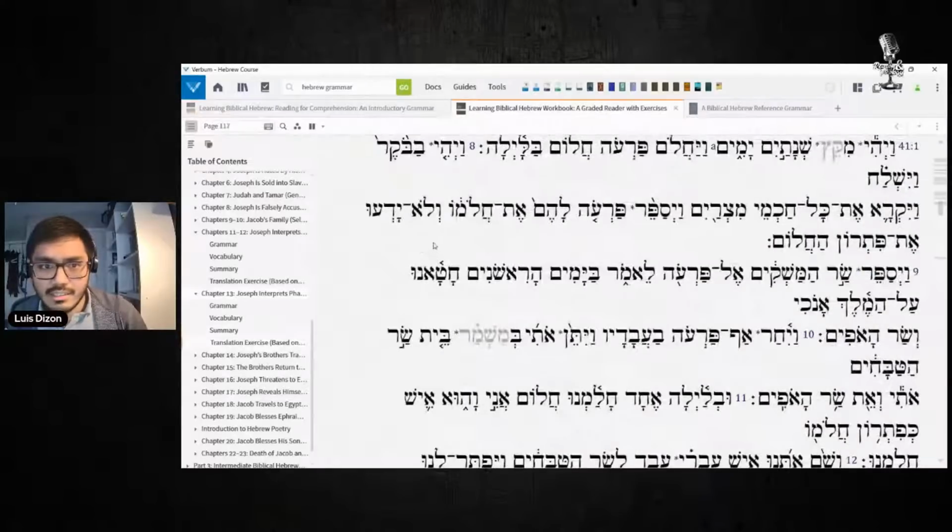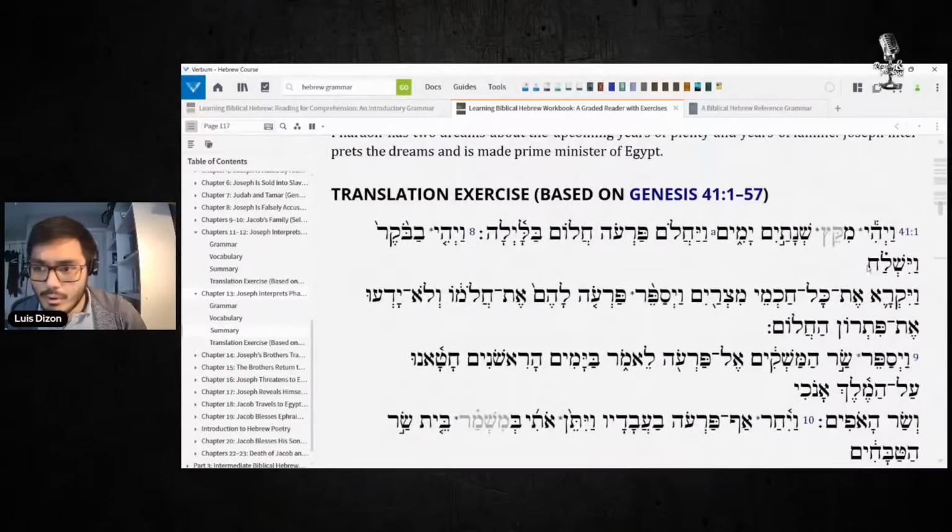And then verse 8, Vayhi baboker vaishlach vaikra et kol chochme mitzrayim vaisaper paro lahem et chalomo velo yad'u et pitron hachalom.